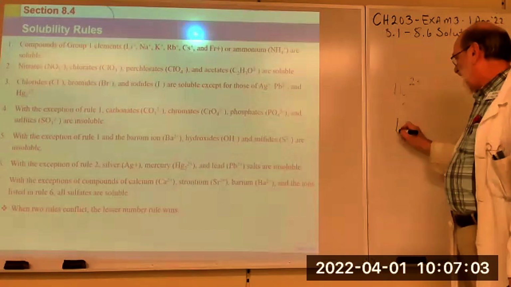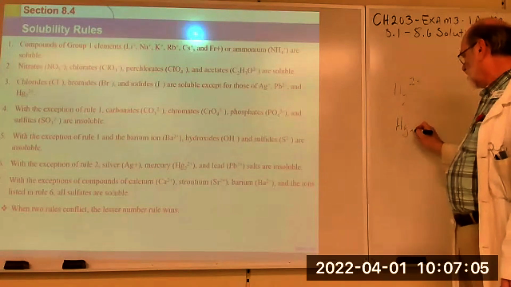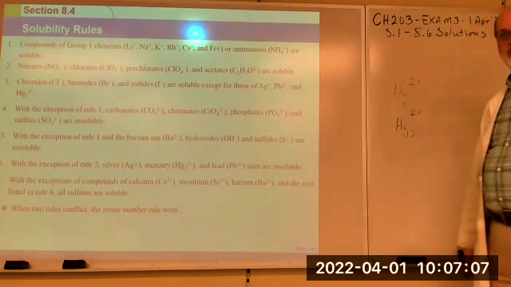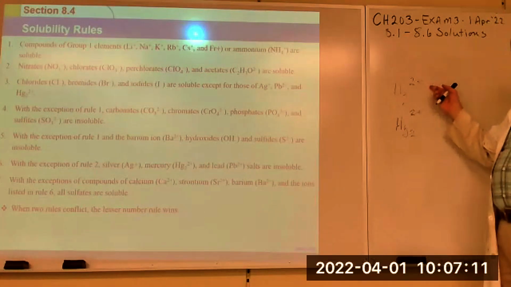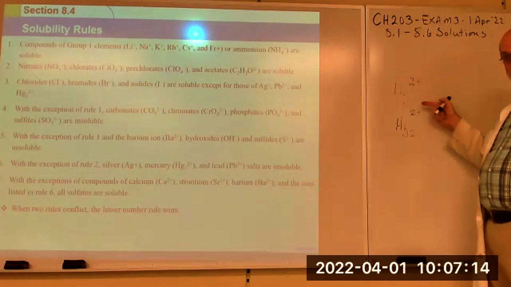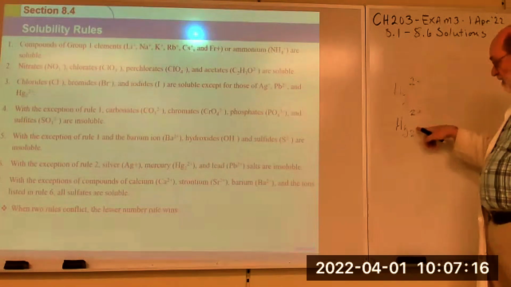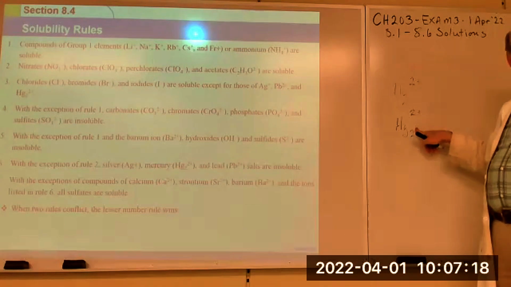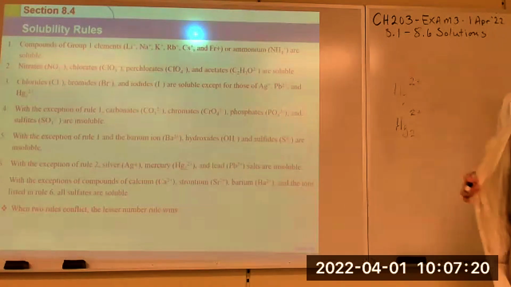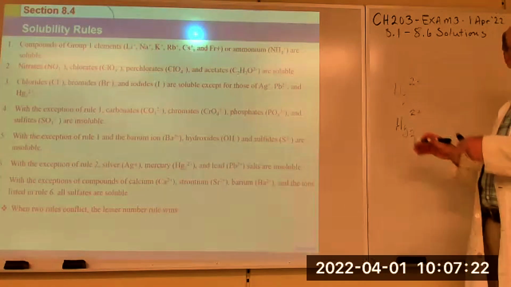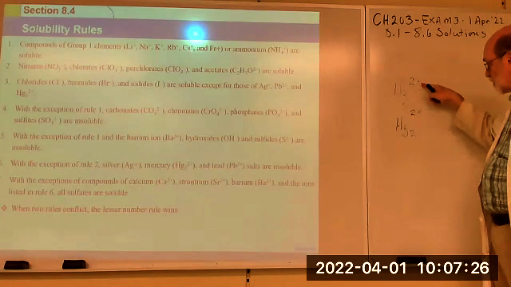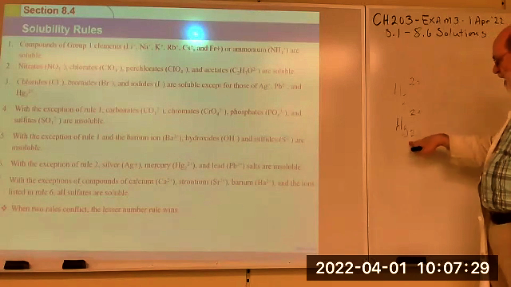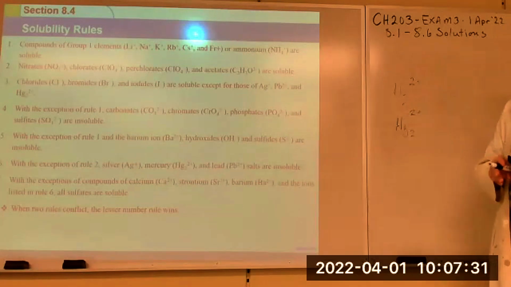But if the atom is a 1+ charge, there are two of them, right? So the ion for mercury is always 2+, but the charge on the individual atoms, in this case, is 2+, and in this case is 1+. Right? So mercury is funny that way. Whenever it's in a compound, it's either this one or that one, but there's always a 2+ charge involved. Sometimes there are two of them, sometimes one.